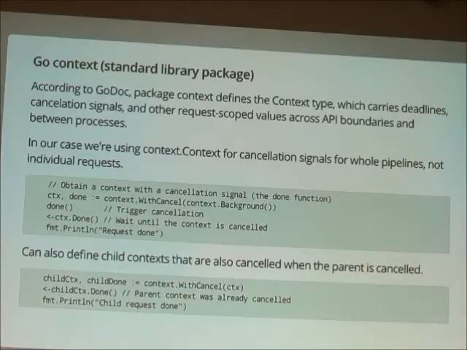And usually the idea is that, because this is part of the standard library, you could pass that across API boundaries and have the context live as long as the request is alive. In this case, we're kind of just using a small part of it. We're using the cancellation signal functionality, and we're not really using it on a per request or per message basis. We're using it to trigger shutting down the whole pipeline. So not exactly as it's intended, but it kind of works.